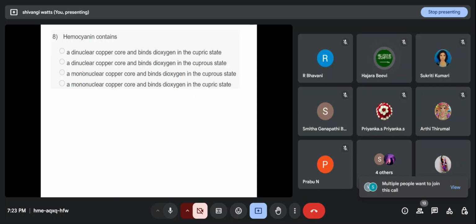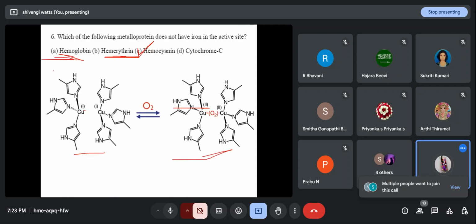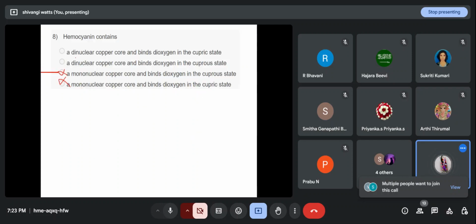We can simply eliminate these two options because there is no mononuclear copper, two coppers are there. So we have to choose between option A and B.